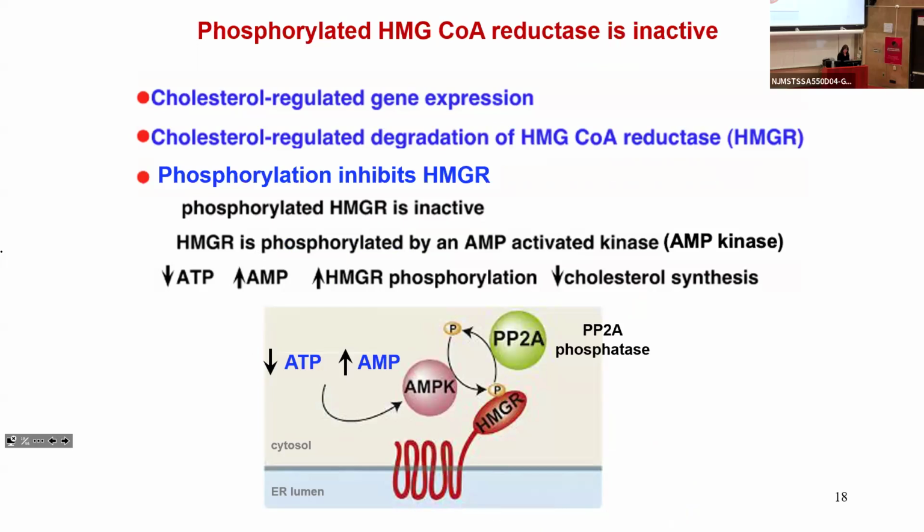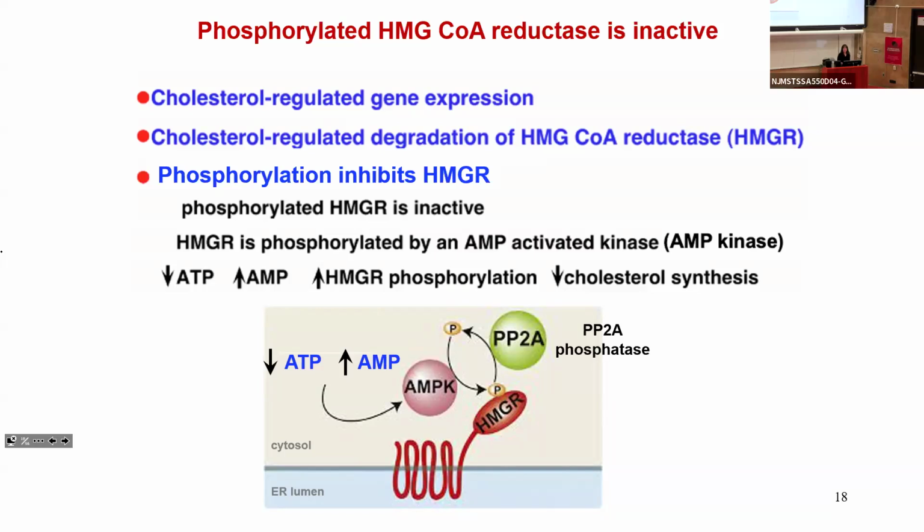And as you might predict, there's also phosphorylation. Phosphorylation can also inactivate HMG-CoA reductase, right? And what is the kinase that's going to do that? It's the same one that was used for inactivating ACC. ACC, the rate-limiting enzyme in fatty acid synthesis.